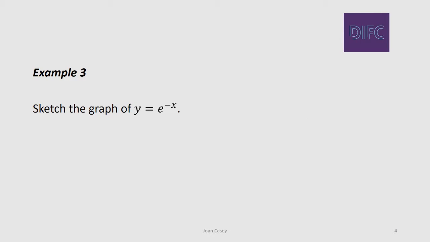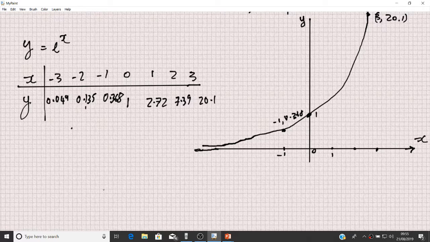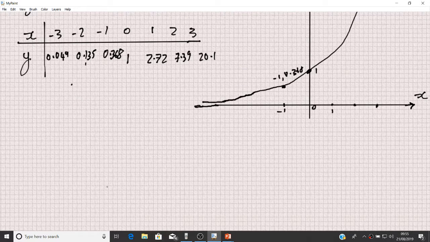Let's take a look at the next example we're going to sketch. In this case, we're going to sketch y equals e to the -x. And I'll go back to the pad. Now I'm going to scroll down a little bit, but not too far, because I think we can use the table that we had for the last example. So here I want to sketch y equals e to the -x. And again, if you weren't familiar with this curve, a quick table will help work out some of the values that will give you an idea of the shape of the curve.